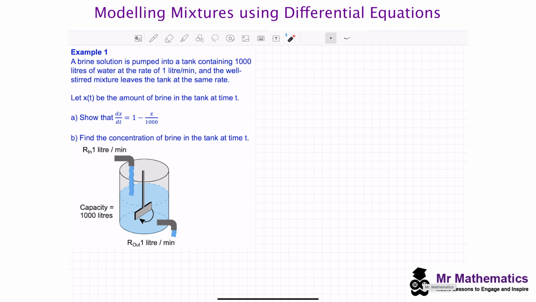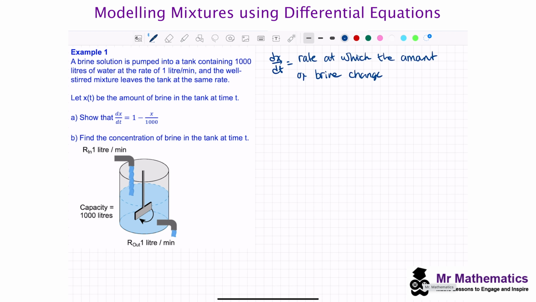If x of t denotes the amount of brine in the tank at any time, then dx by dt will be the rate at which this amount of brine changes at any given time t. The rate at which the amount of brine in the tank changes will depend on two factors: the rate in and the rate out.